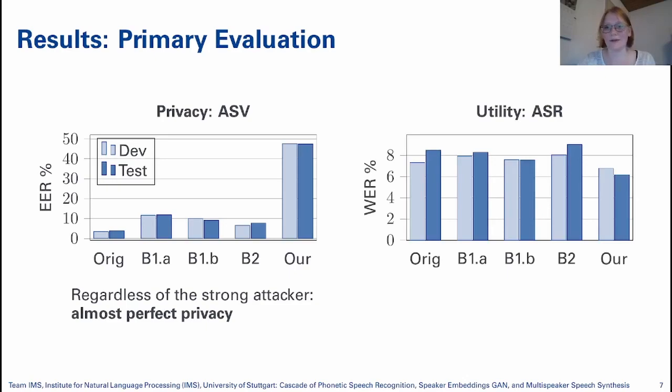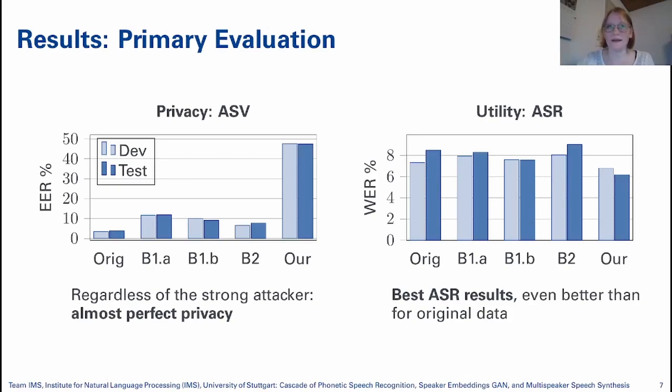The second primary evaluation metric is the speech recognition metric. Here a lower score is better because we want to reduce the word error rate. And here our scores are closer to those in the baseline, but nonetheless our method has the best word error rate scores. It is even better than for the original data that you see on the left. And this is due to the VCTK dataset.